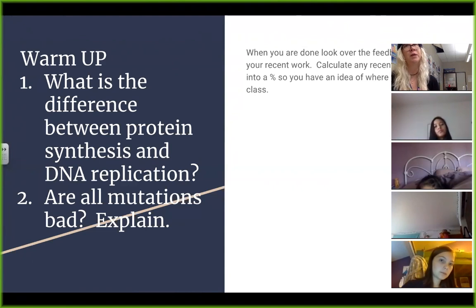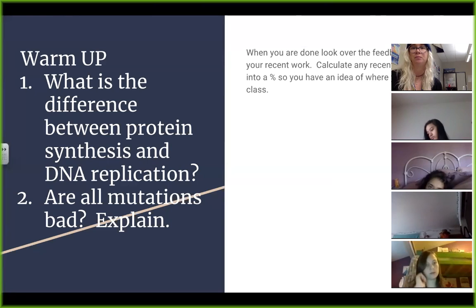In cheese, some types of cheese. If you're lactose intolerant, you actually don't have an enzyme or a protein that can break down lactose. So what happens? You can't break it down, it makes you sick, and then you usually have diarrhea, right? That's a mutation. Not being able to create that lactose enzyme is a mutation, right?